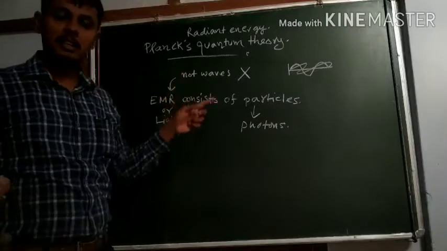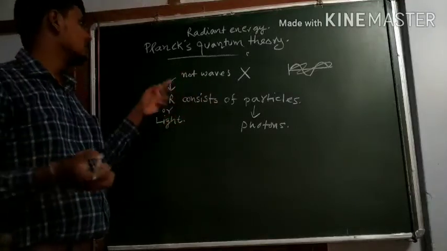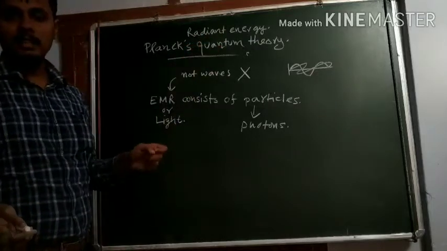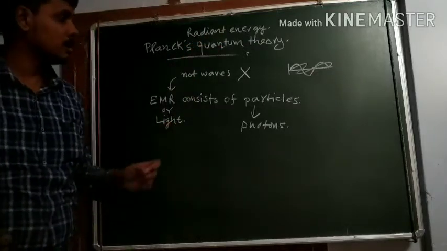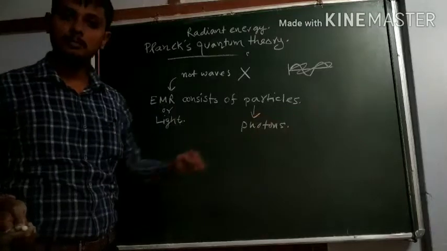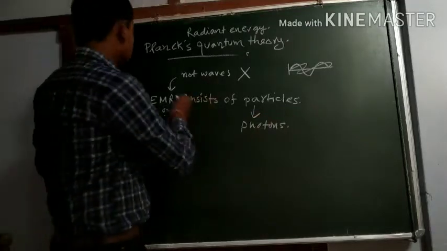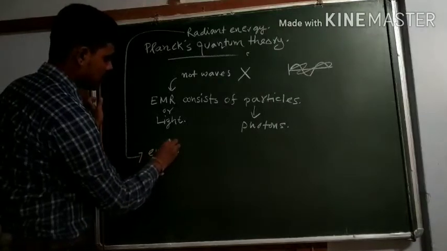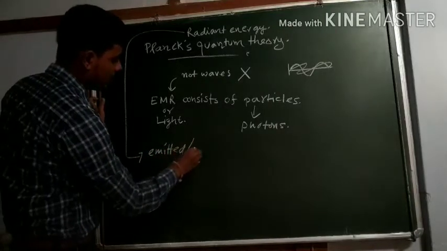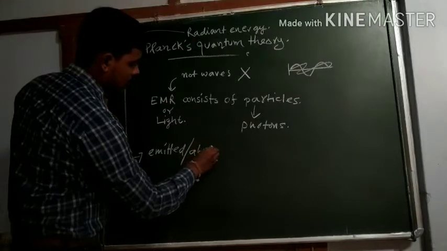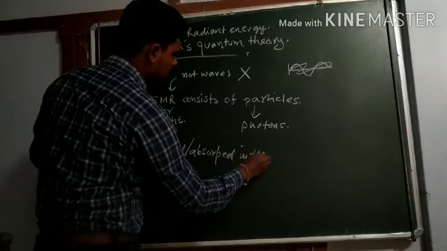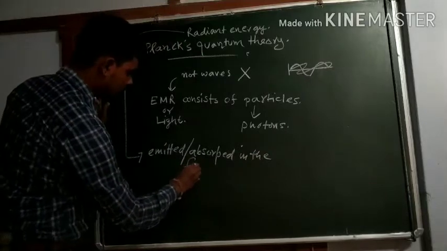or electromagnetic radiation is a wave, but Planck's quantum theory tells that radiant energy is emitted or absorbed in the form of particles.